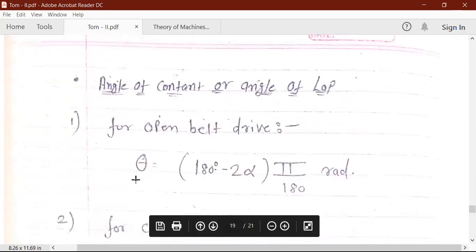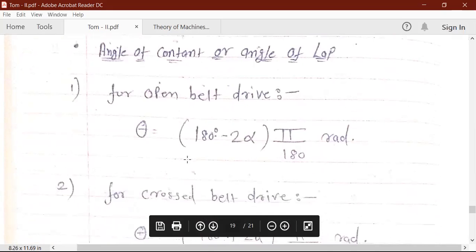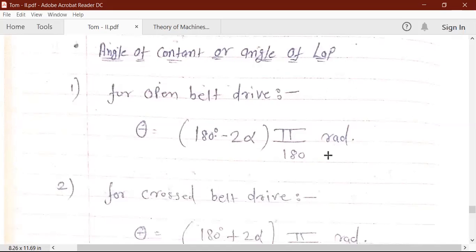For an open belt drive, theta is equal to 180 degree minus twice alpha multiplied by pi by 180 radian. So radian is the unit of theta. If you are given the theta value in degrees, then you have to convert it into radian. That will be seen in the numerical, but you just remember this formula.